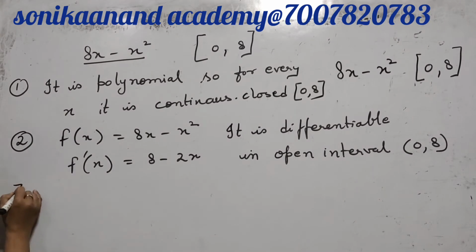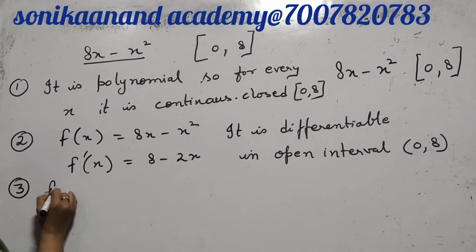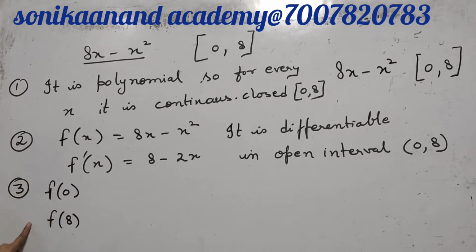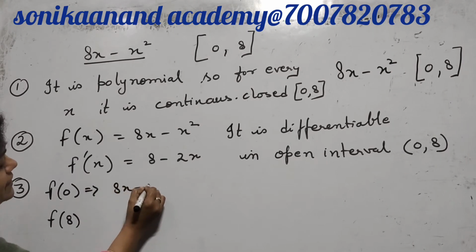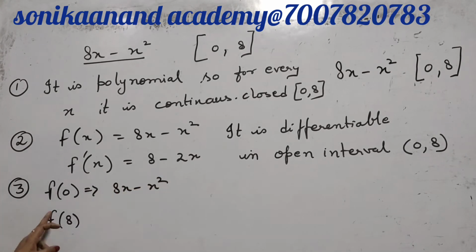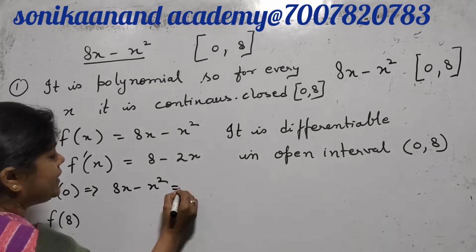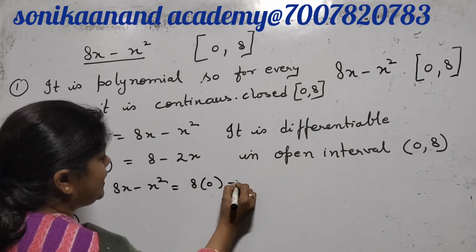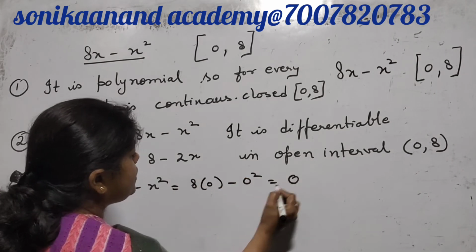Now moving to the third condition, we have to find f of 0 and f of 8 for the two limits. Here we use 8x minus x square. When we put 0, we get 8 into 0 minus 0 square, which is equal to 0.